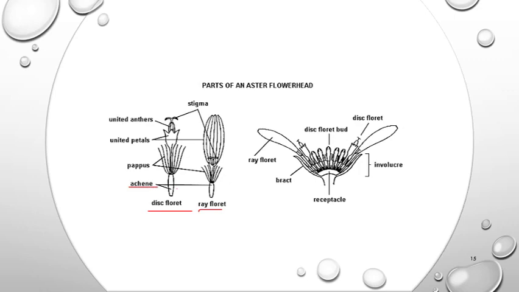Then we have the pappus, then united petals, and then united anthers, and these are the stigmas. Later we will discuss in detail all these structures of the heterogamous inflorescence related to disc florets and ray florets.